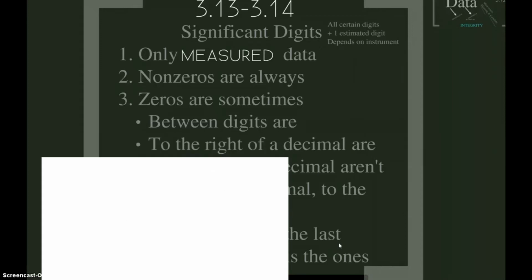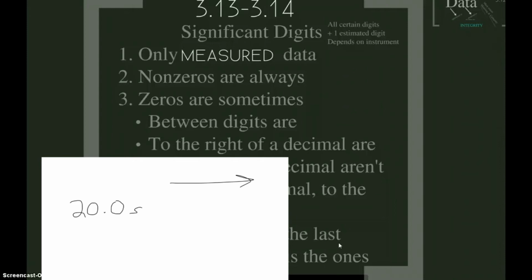So here is the first rule. If there are zeros to the right of the decimal point, they are significant. And that's one place where we have to be careful when we're using an instrument, that if we add zeros, we're telling whoever's reading our data that this is significant, that I really measured it this far. So we have to be careful about that.